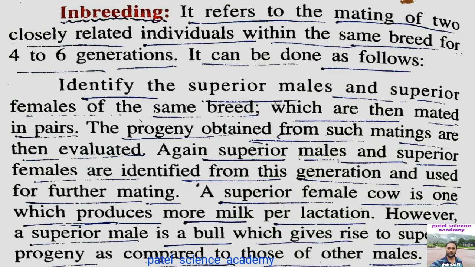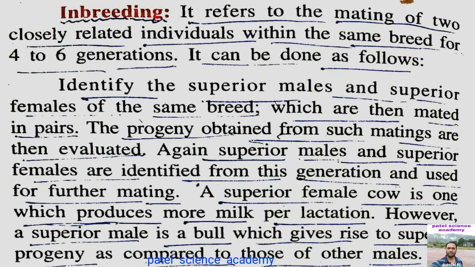Inbreeding is helpful in the elimination of harmful recessive genes and for the accumulation of superior genes. Inbreeding also has demerits: it usually reduces the fertility and productivity of that living organism.